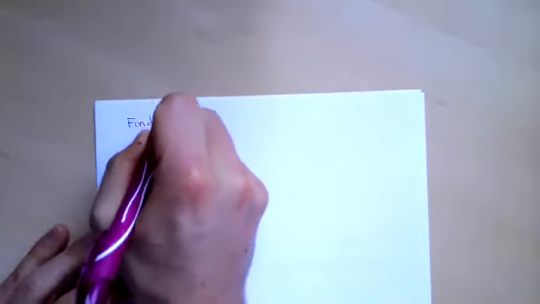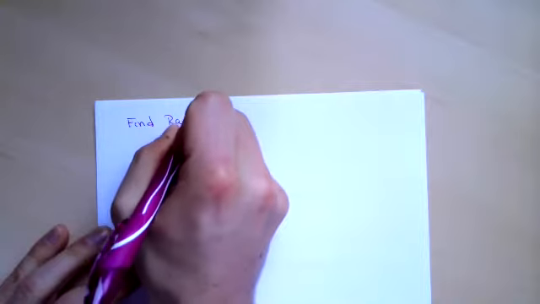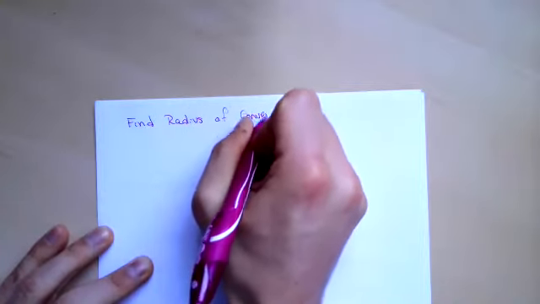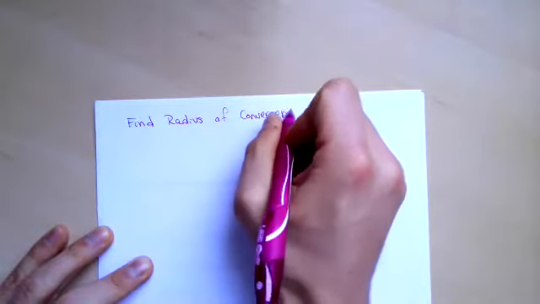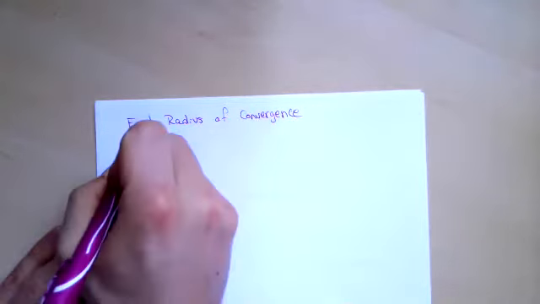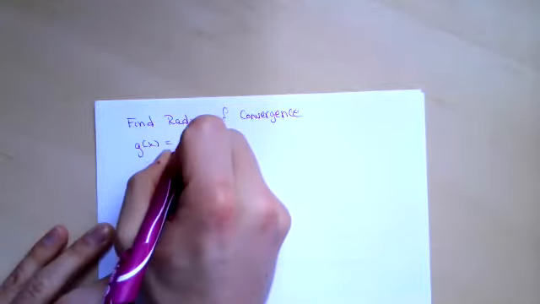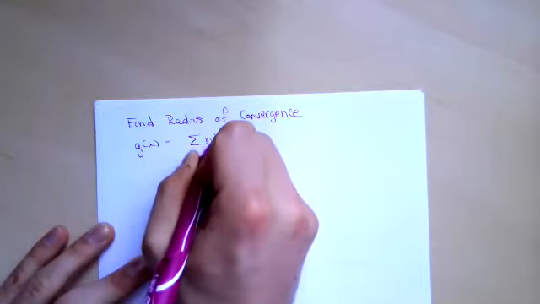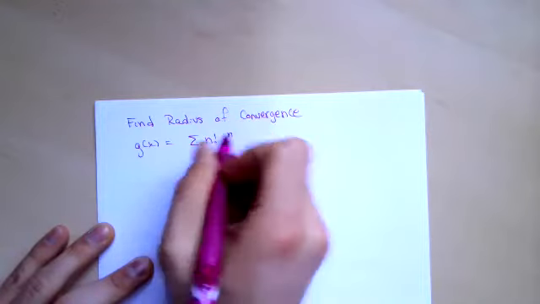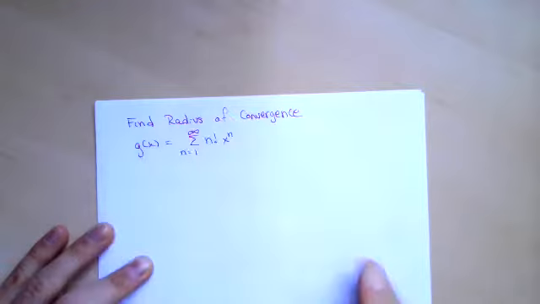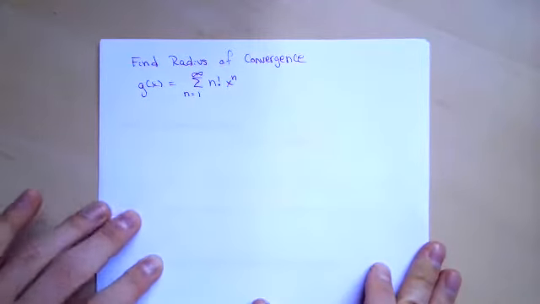So we want to find the radius of convergence of, let's give it a name. Let's call this function g of x, and let's define it with an exponential now. What is this function?